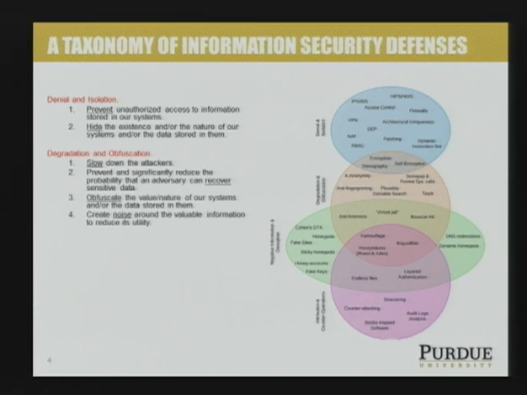And then we move on to the second group, which is the idea of when an attack happens. Of course, we cannot achieve 100% isolation and denial, so we want to degrade and obfuscate the data and the systems that we have. And usually in this category, we want to achieve 4 main goals. We want to slow the attackers down. We want to make the recovery of the data so hard.